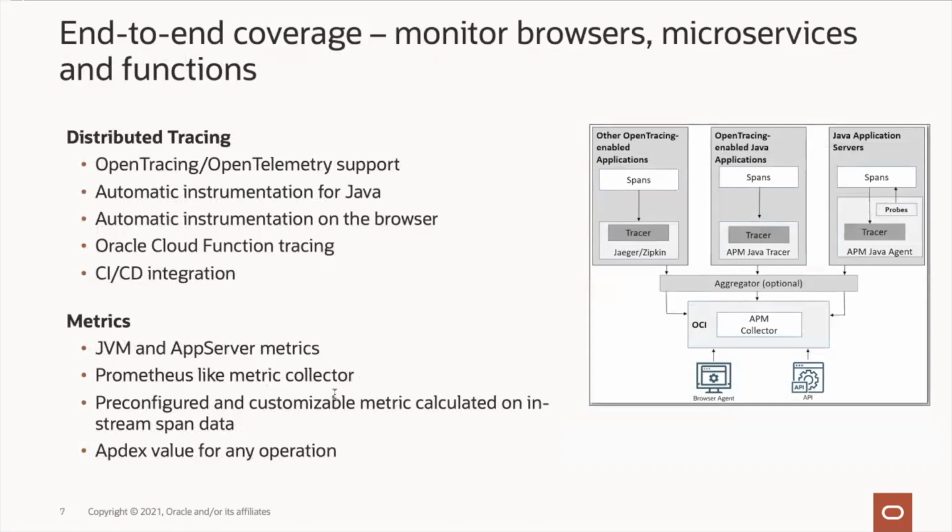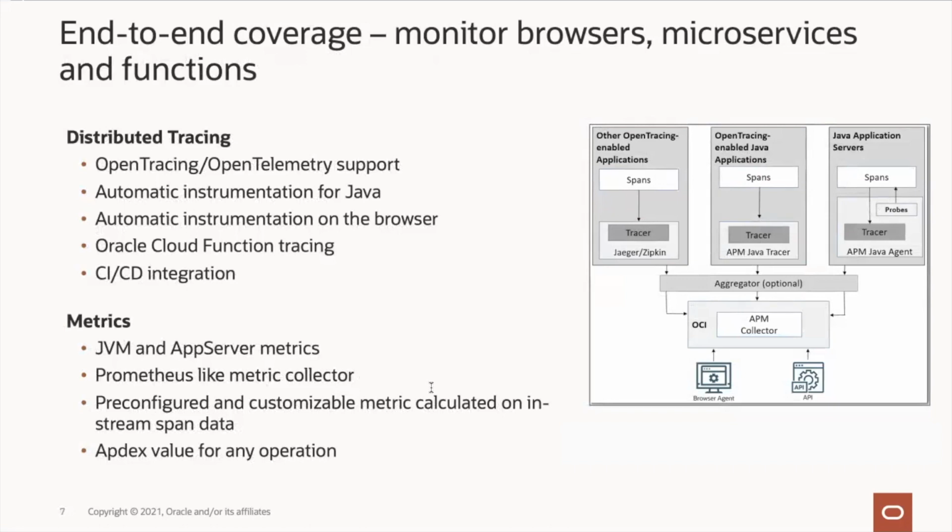As stated before, we have a full-fledged Java agent you can deploy on your JVMs. But if you've already instrumented your applications to produce trace span events, the agent can simply be used to collect and aggregate these events and send them off to APM.